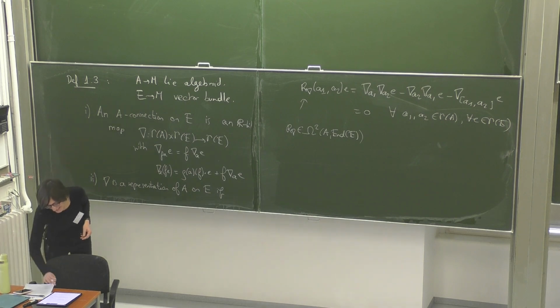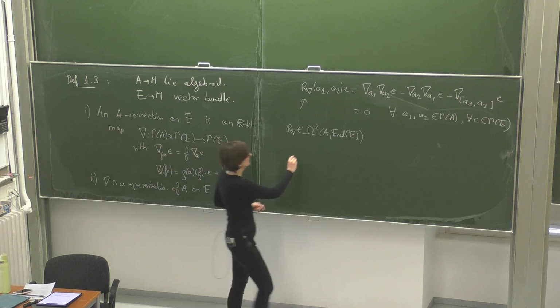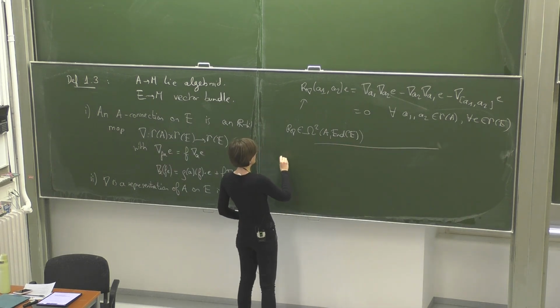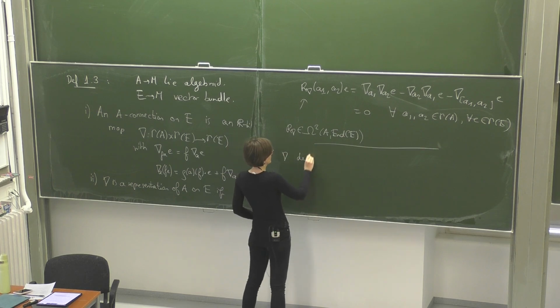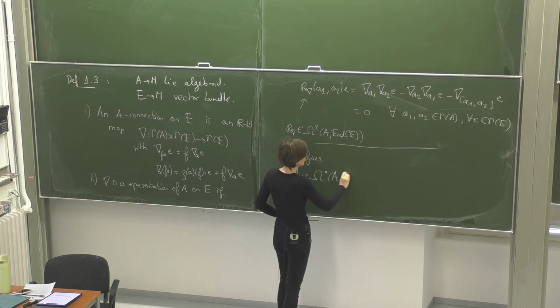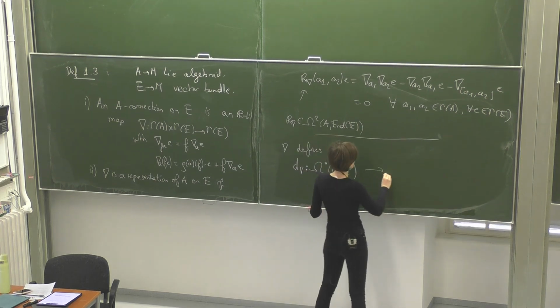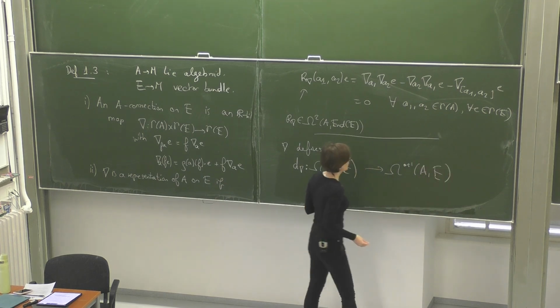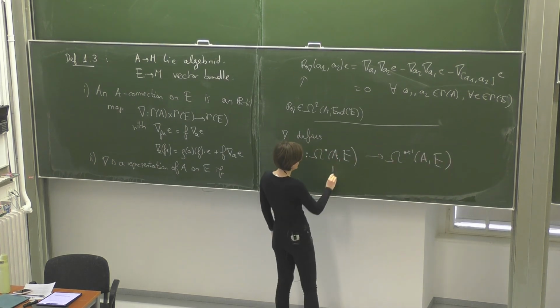Right. So this gives us now the twisted differential. You have d nabla from forms on A with values in E to two forms on A with values in E. What do I mean by this notation?